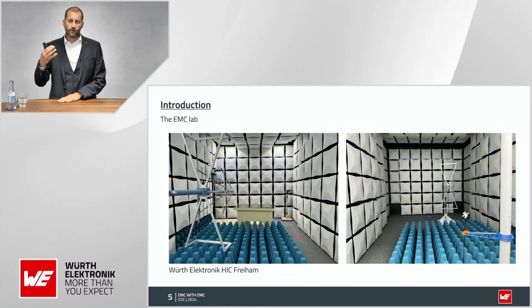And the main reason for those absorbers is to not reflect the signals, because you only want to see the original signal and not all of the reflections that may occur. In this case, it's a picture from Würth Elektronik High Innovation Center in Freiham. Freiham is near Munich.